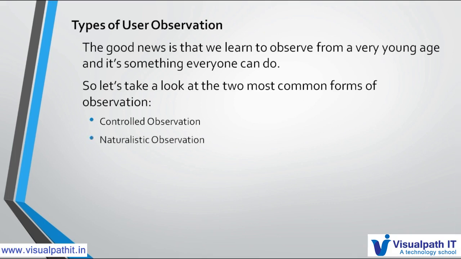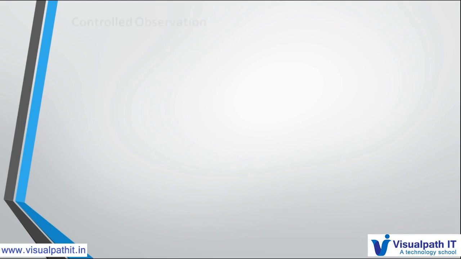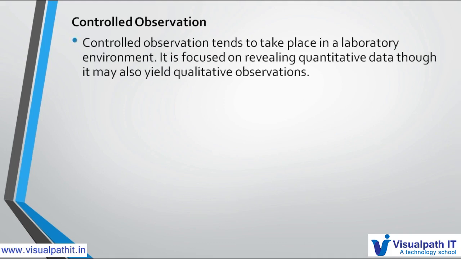Second, naturalistic observation. Let's see what controlled observation means. It tends to take place in a laboratory environment. It is focused on revealing quantitative data, though it may also yield qualitative observations.